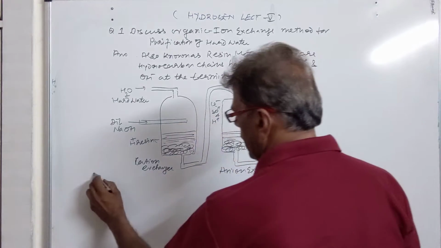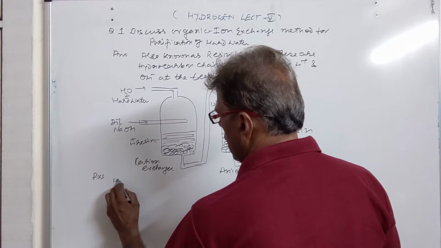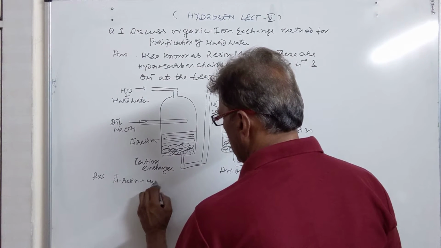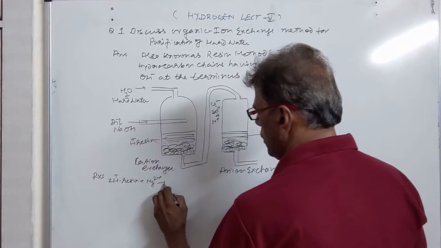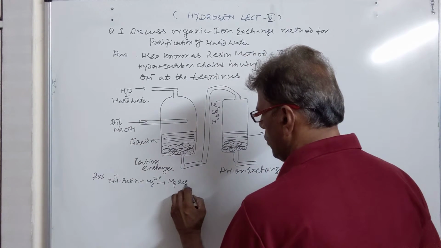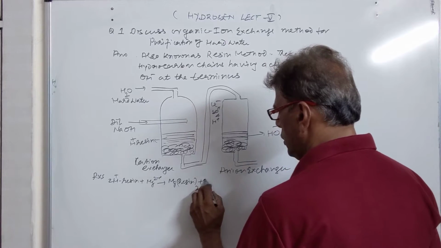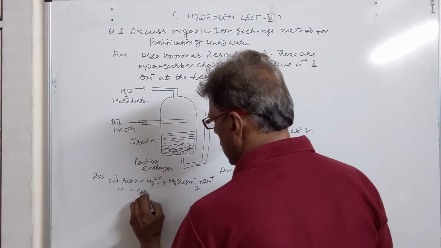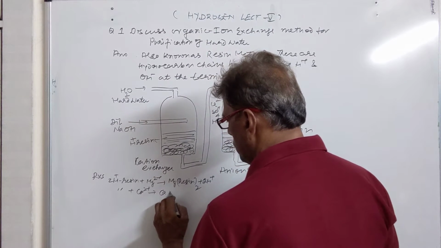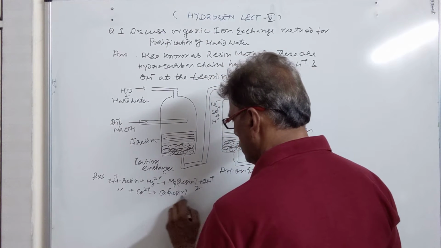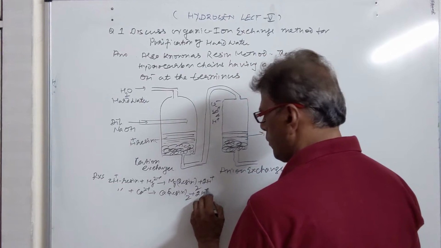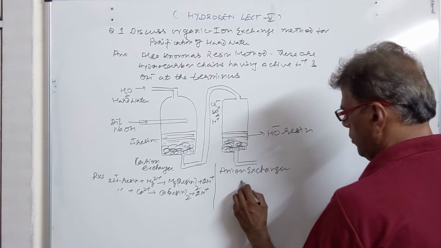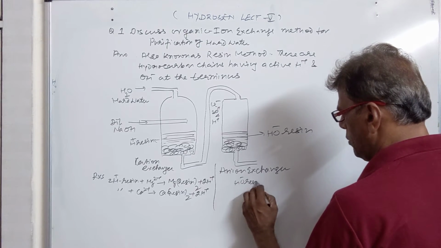So reaction in the cation exchanger: H positive resin takes off magnesium ions, forming Mg resin twice plus 2H positive. Similarly, it can take up calcium ions. Now reactions in the anion exchanger: we have OH negative resin.